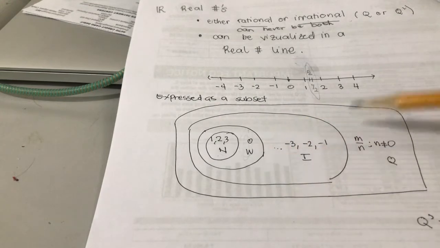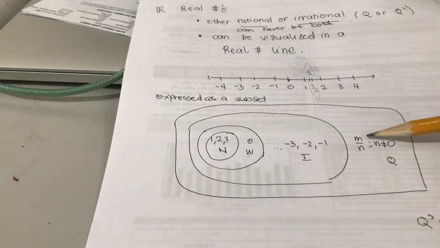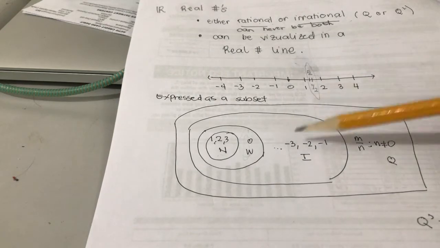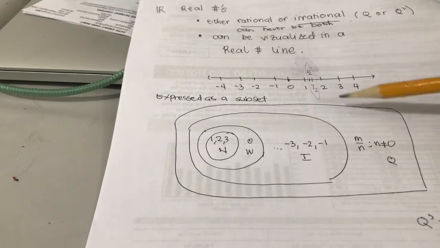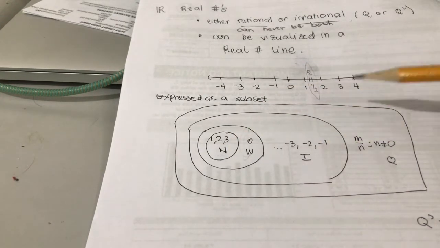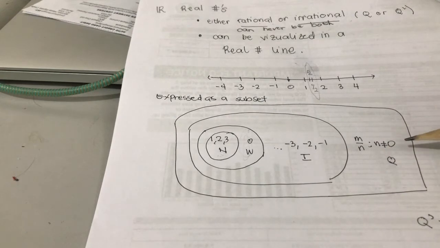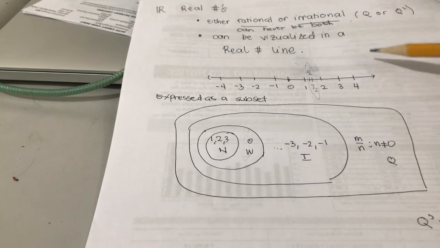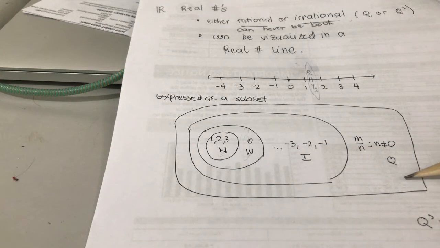In a bigger picture, rational numbers, expressed as fractions, form the main set, and natural numbers, whole numbers, and integers are subsets of rational numbers. But the irrational numbers are not part of that subset; they are in a different set. Both rational and irrational numbers together complete the set of real numbers.